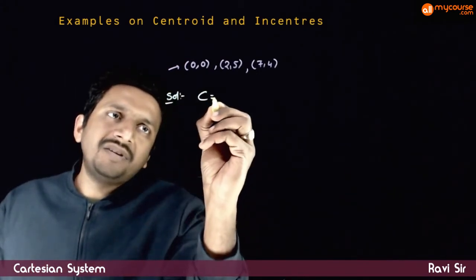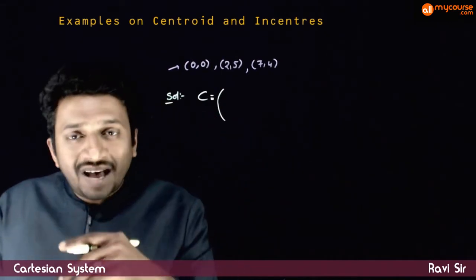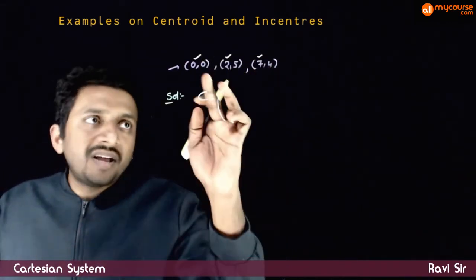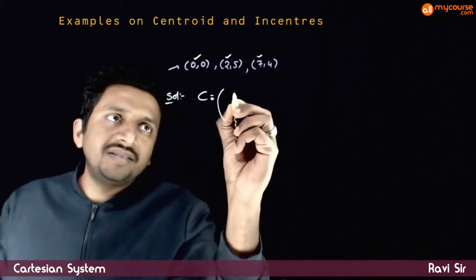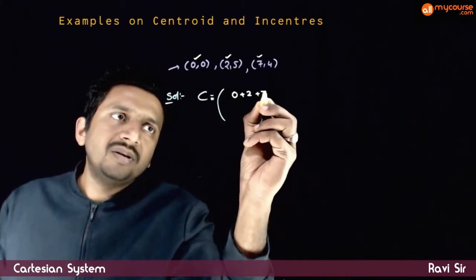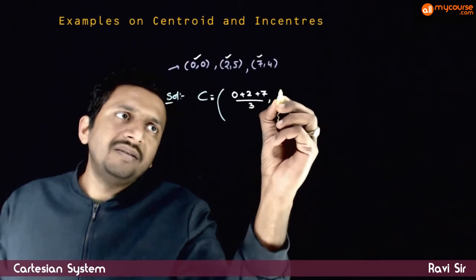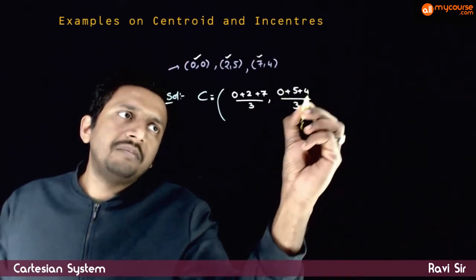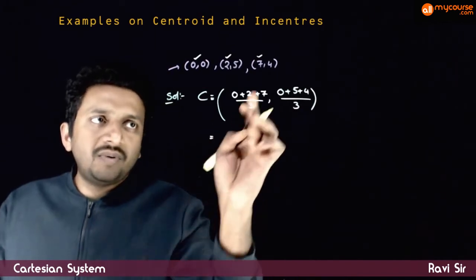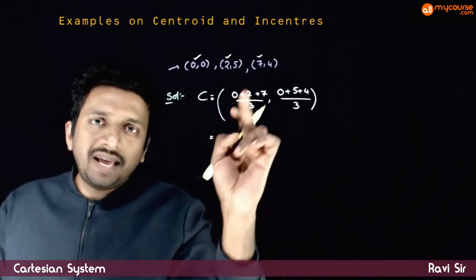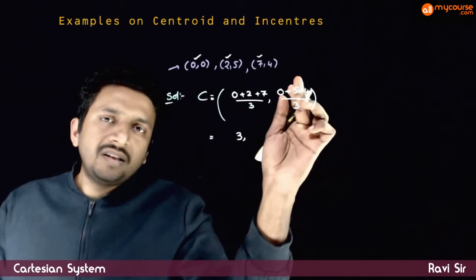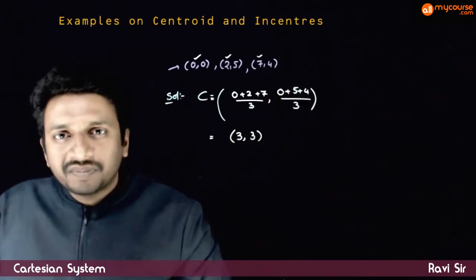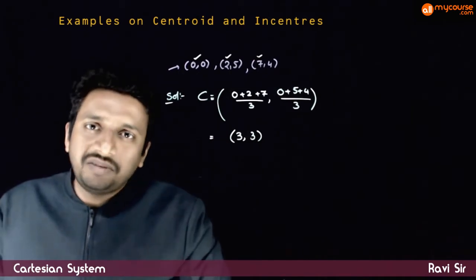The centroid is given by, you already have the formula, the average of the x coordinates and the average of the y coordinates, that is (0 plus 2 plus 7) by 3, (0 plus 5 plus 4) by 3, that is equal to 9 by 3 is 3, and 9 by 3 is again 3. So the centroid is (3, 3).